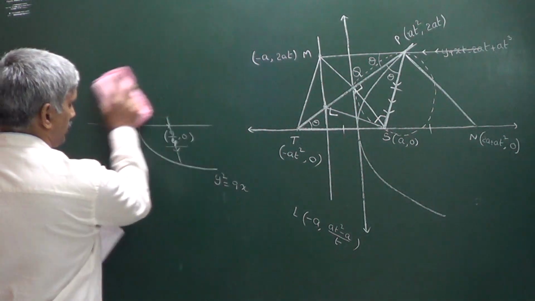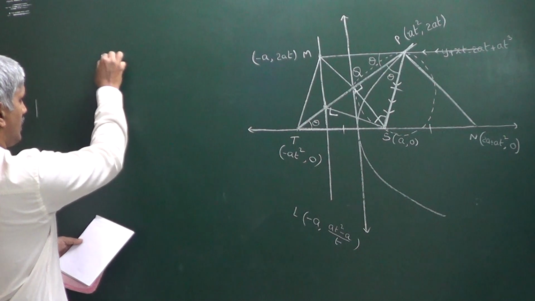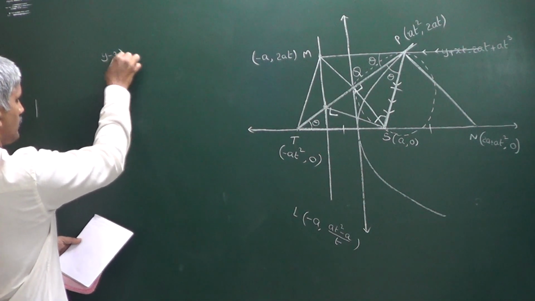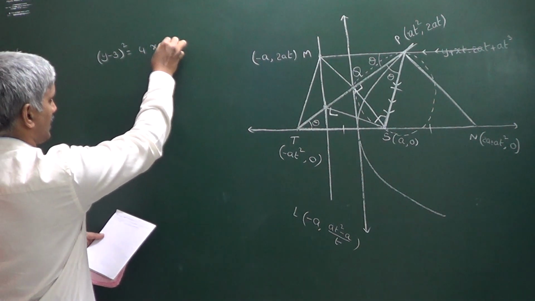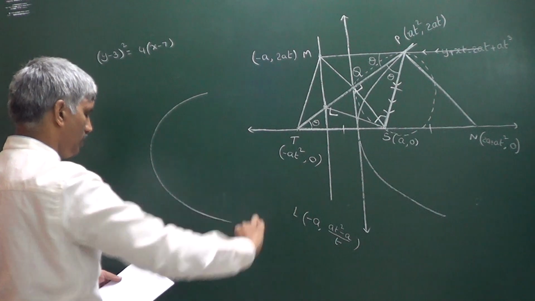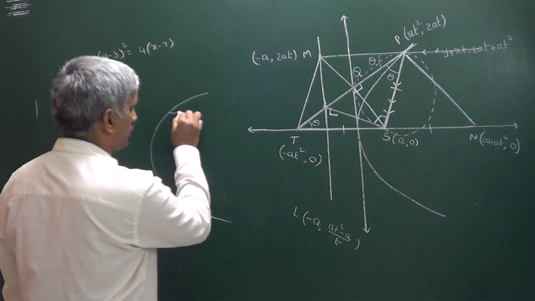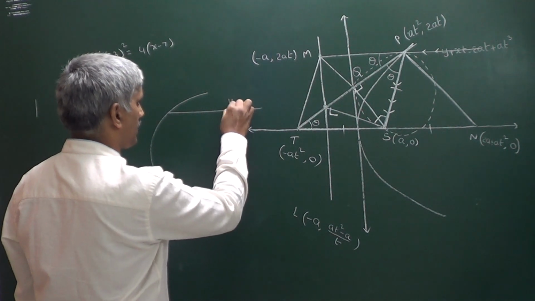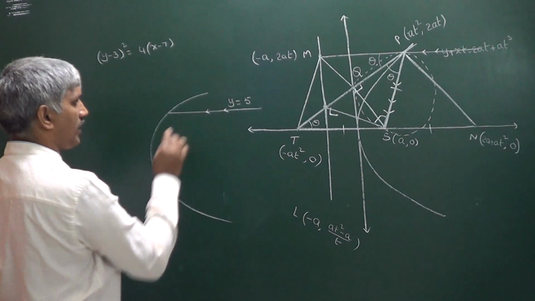So another question here, there is a parabola given. The parabola equation is y minus 3 whole square is equal to 4 into x minus 7. A ray of light travels along the line y is equal to 5.